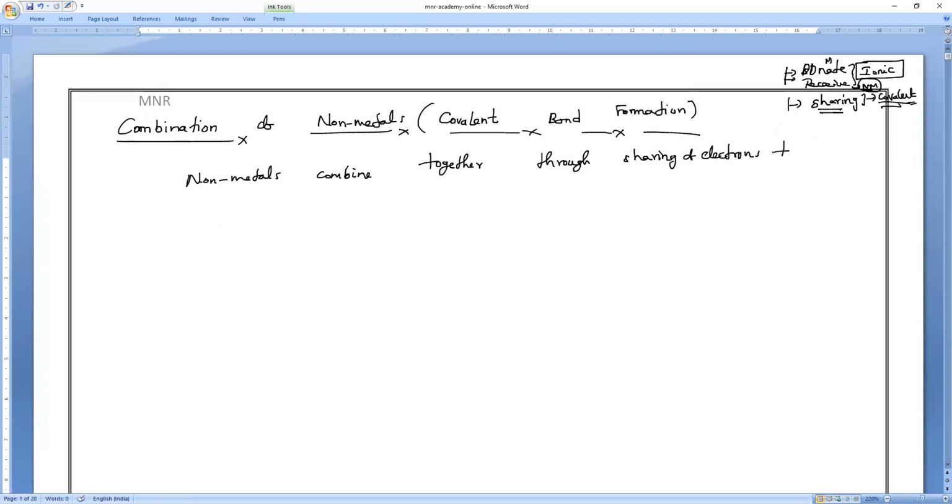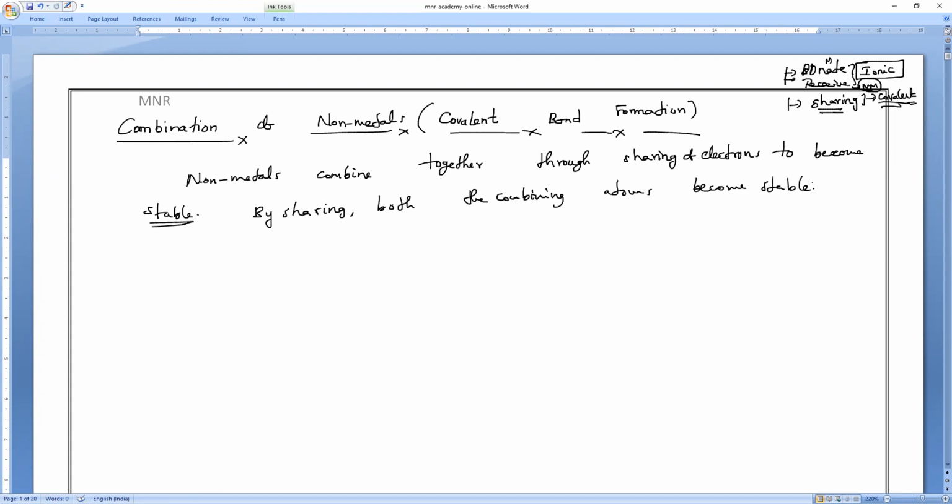What is the purpose of sharing electrons? To become stable. By sharing, both combining atoms become stable, not just one.